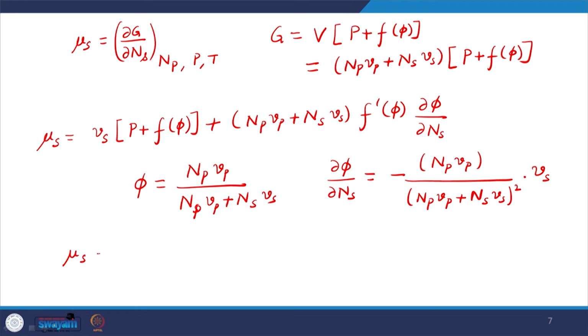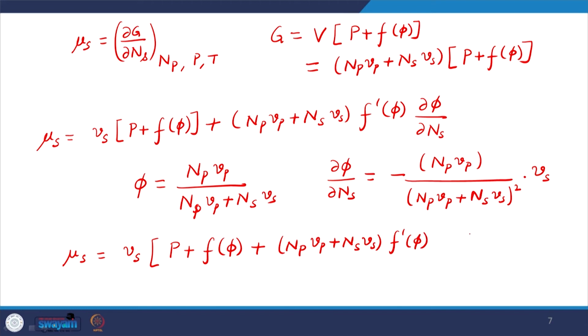And therefore if I put that back there, we will have μs equal to Vs multiplied with (P + f(φ)) plus (Np Vp + Ns Vs) f'(φ), but now with a minus sign.